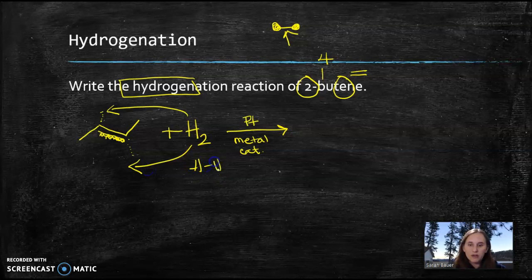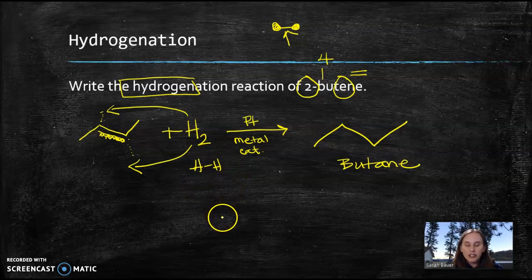So I lose that double bond, and what do I end up creating? 1, 2, 3, 4. I end up creating butane. So we went from an unsaturated alkene to the saturated by adding that hydrogen.